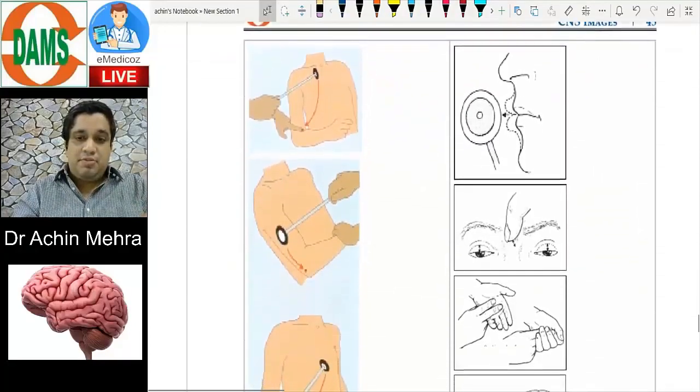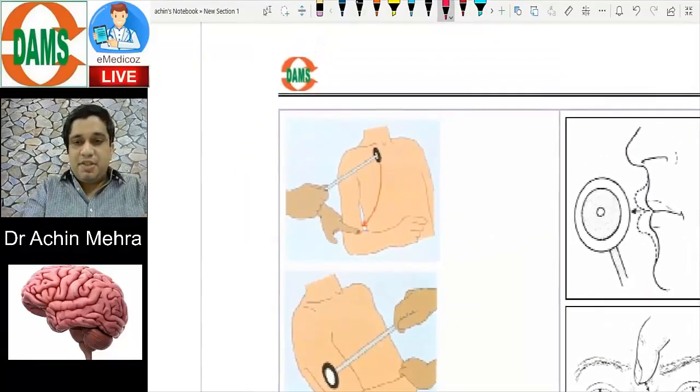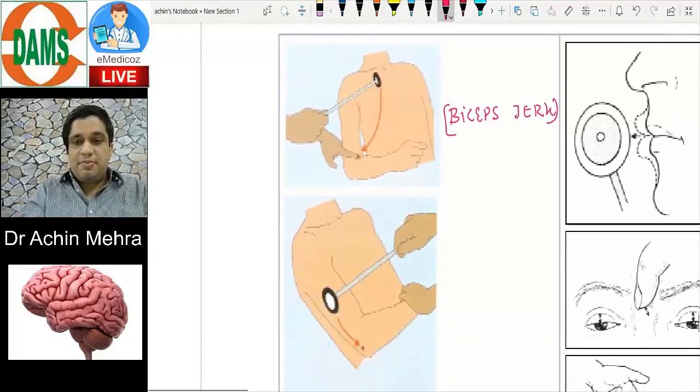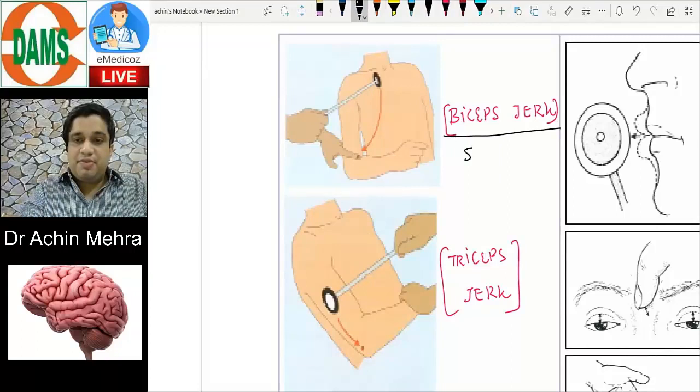Now we've got some images regarding the reflexes that we test. Yes, this is the biceps jerk, right? This one, if you remember, is the triceps jerk. If you remember, the root value of the biceps jerk is somewhere between C5 and C6.